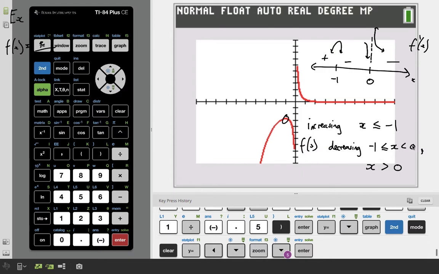Now, what the book does is, if you're on an asymptote, don't say smaller than or equal to, or greater than or equal to, because the function cannot exist. But about stationary points, we're going to use the smaller than or equal to, if you follow what the book does.